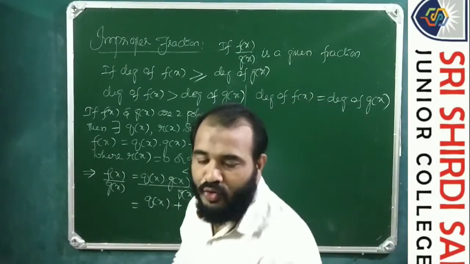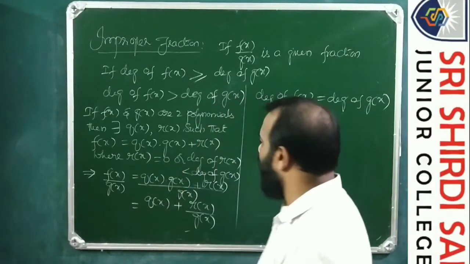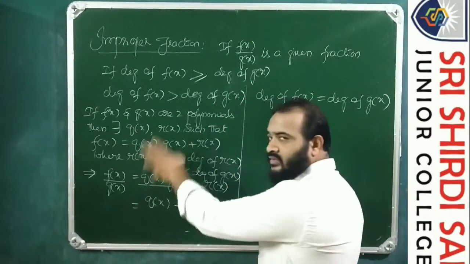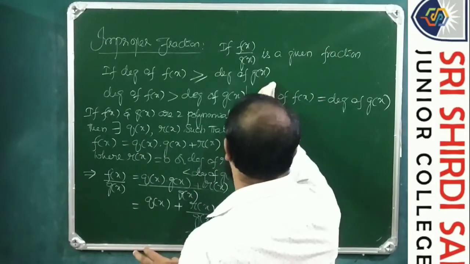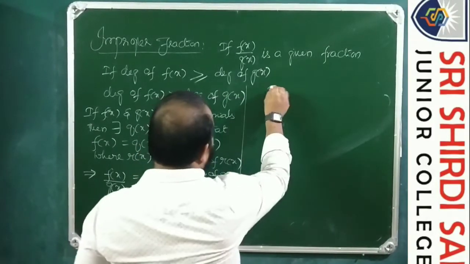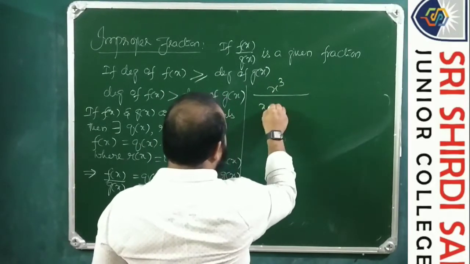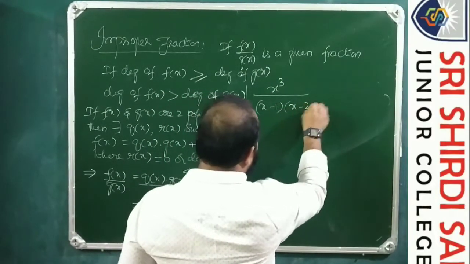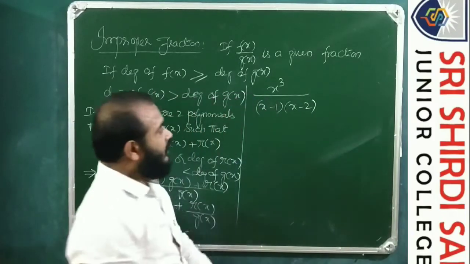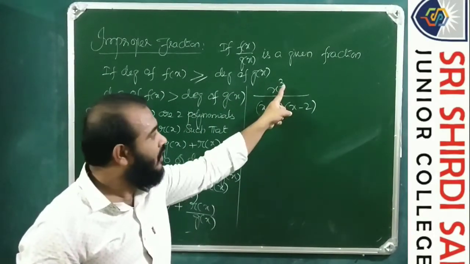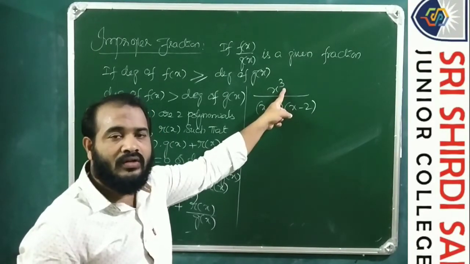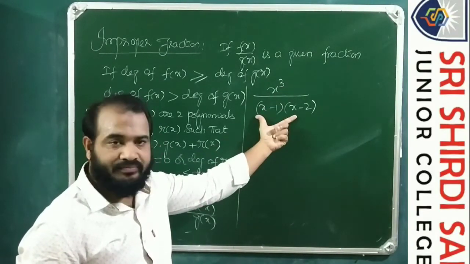So let us illustrate with an example of how to resolve an improper fraction into partial fractions. Let us take x cube by x minus 1 into x minus 2. First of all, this is a polynomial in x and this is a polynomial in x, so it is a rational fraction, or simply a fraction.